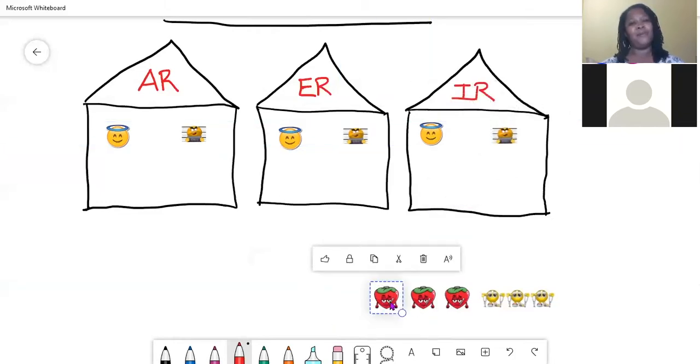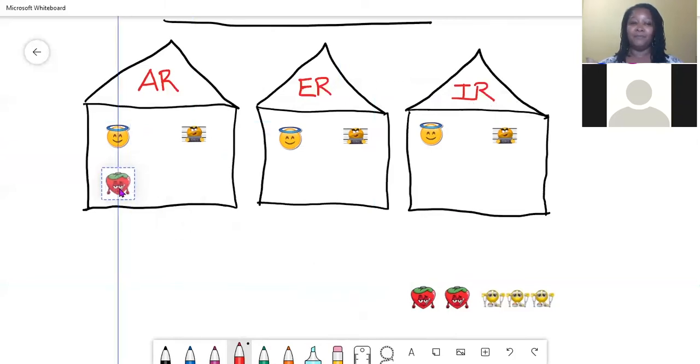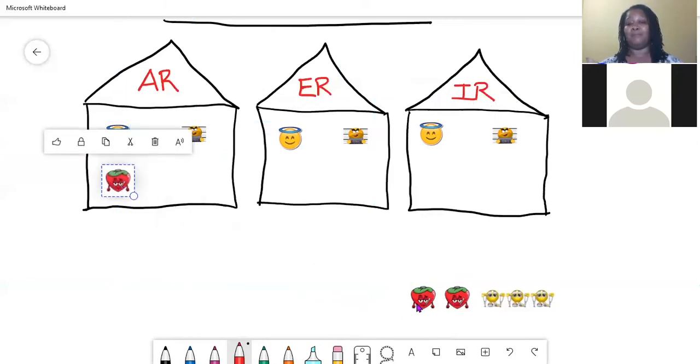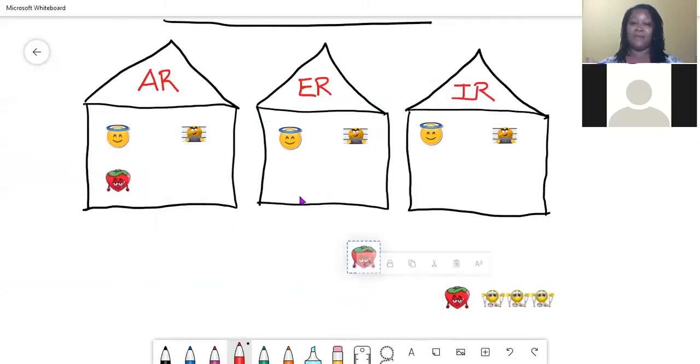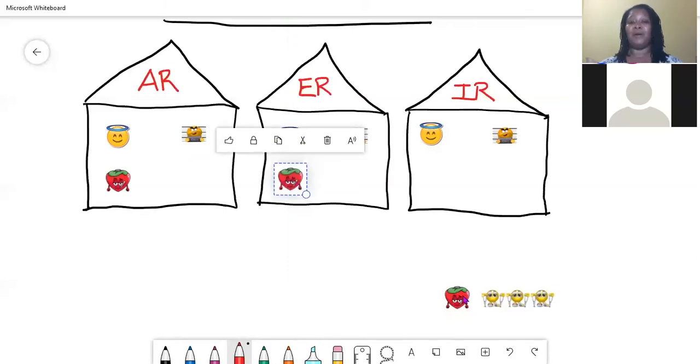You're also going to have persons in the family who are not altogether well. They have some ailment or something of the sort that's wrong with them. And so we have some persons in these families that are going to be having some heart problems. In the AR family, you have a heart problem. In the ER family, you also have a heart problem.